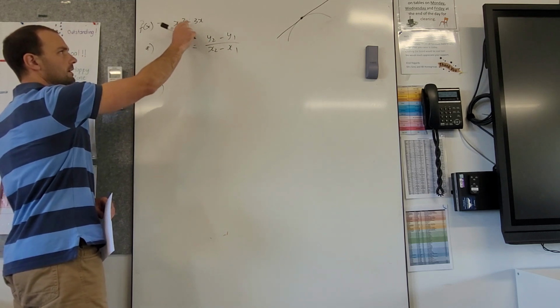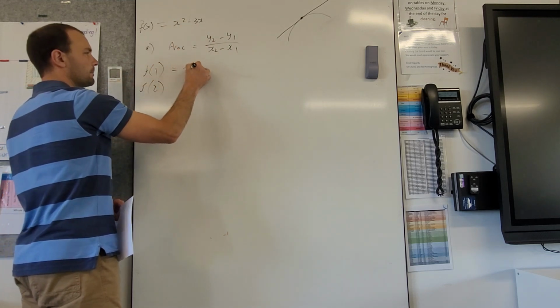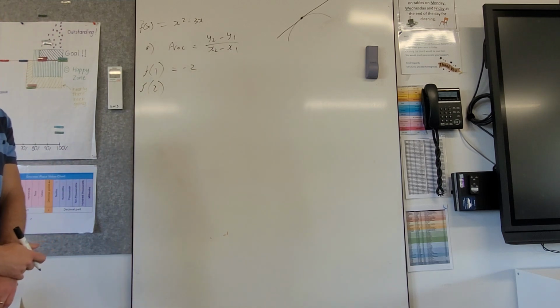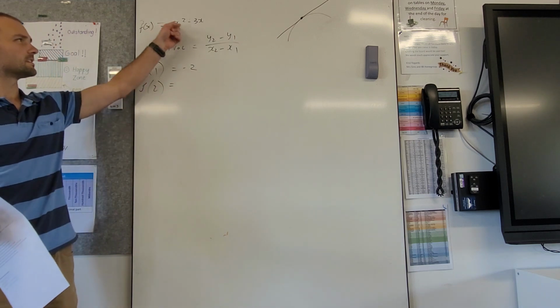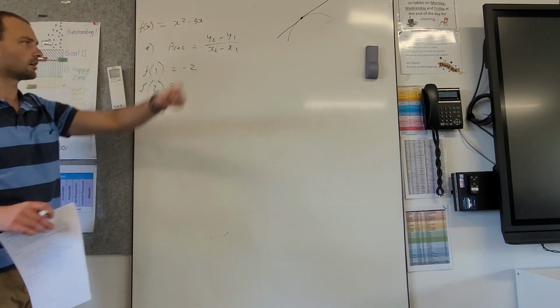We would have 1 take away 3. That will be minus 2. And here we will put the number 2 into this equation where we would have 4 take away 6.